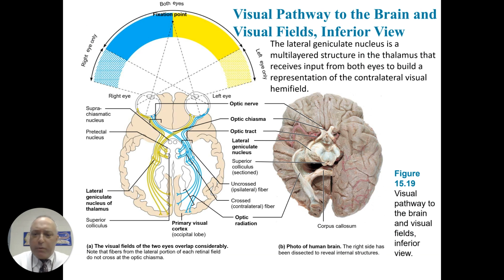Okay, so let's look at the visual field. So the optic nerve runs out of the posterior of the eye.